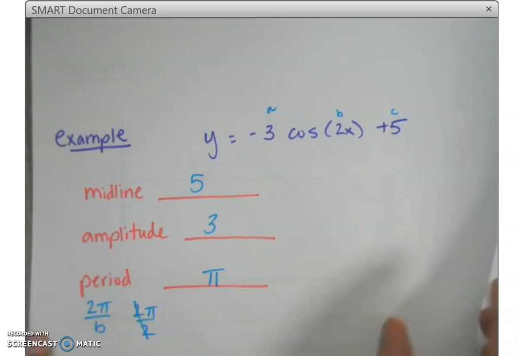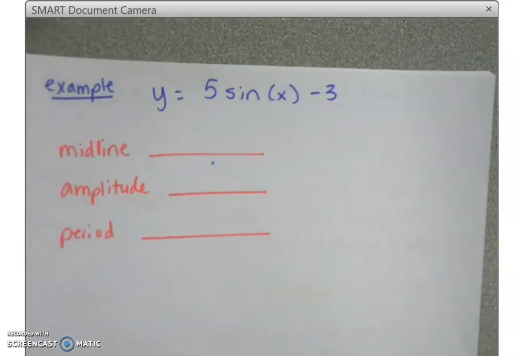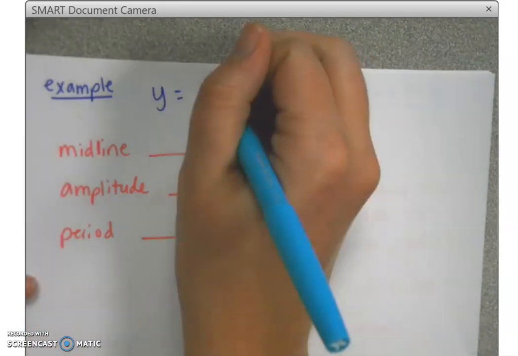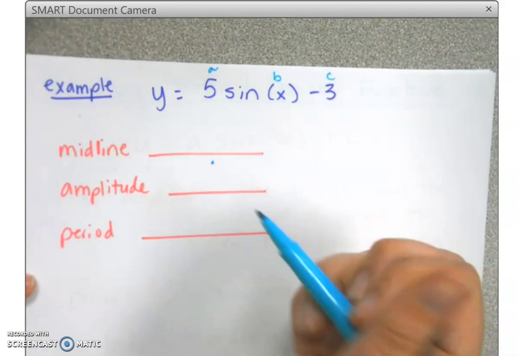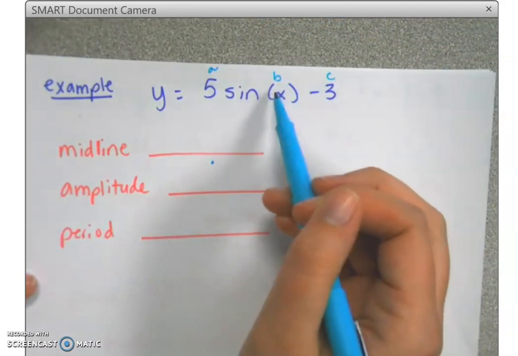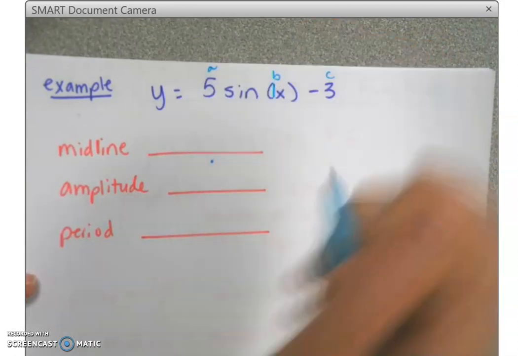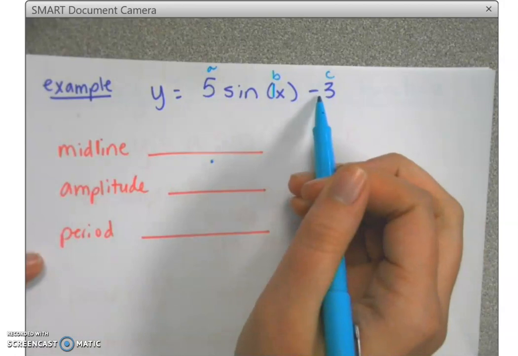All right, 2 more examples. So again, A, B, and C. Now be careful. B is not x. There is not a number in front of x. When there's a number missing, it's automatically 1. Okay? So midline is C. Midline can be negative.